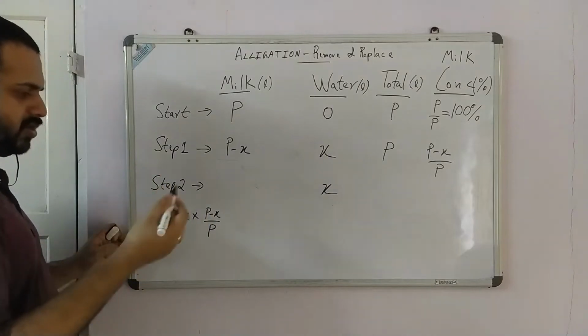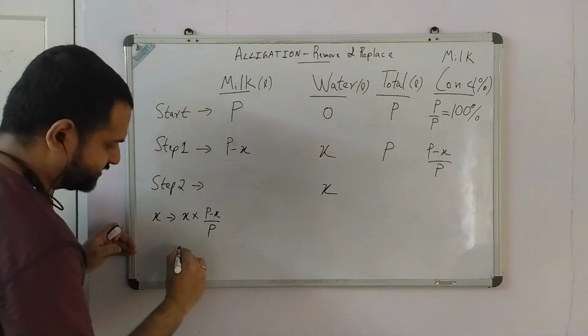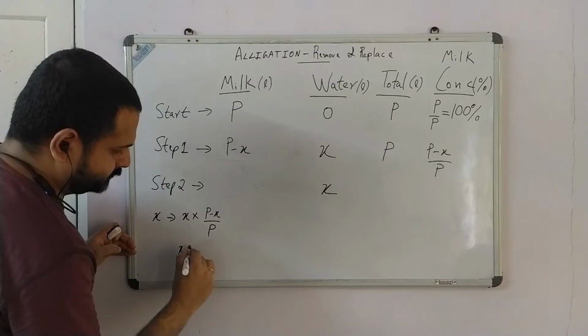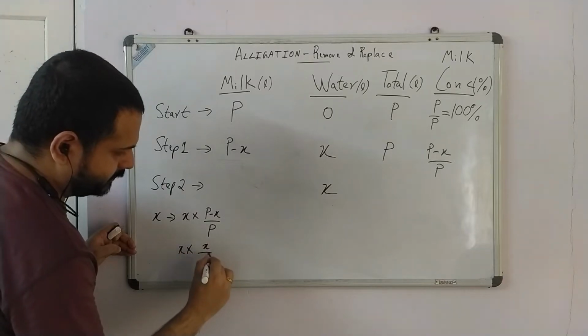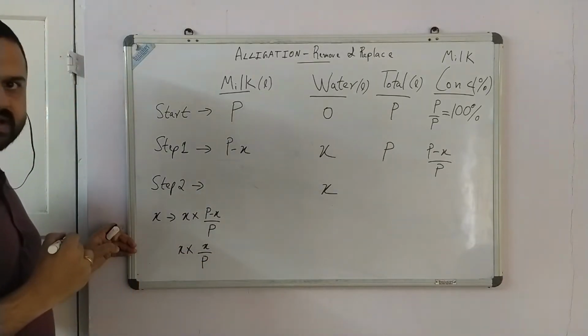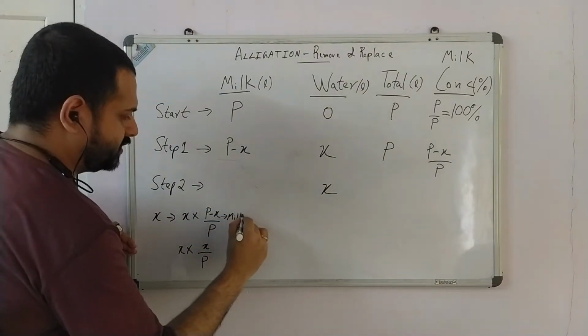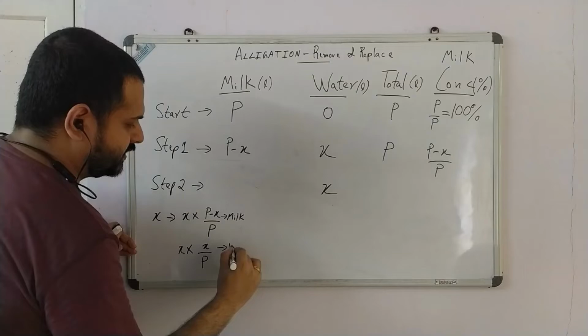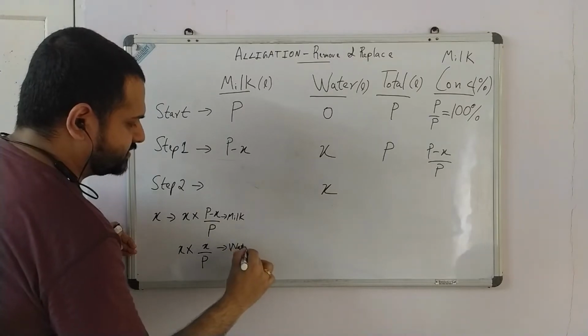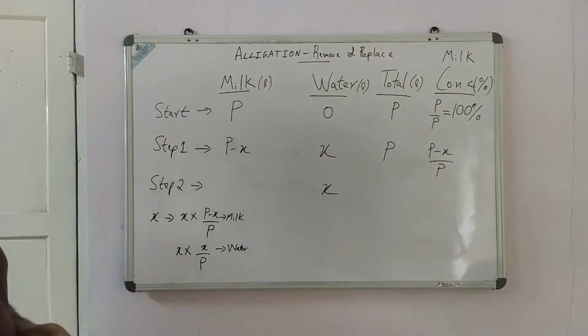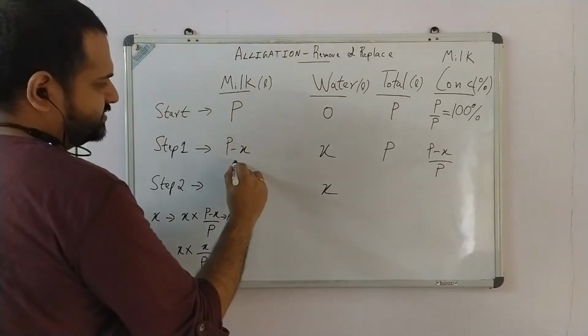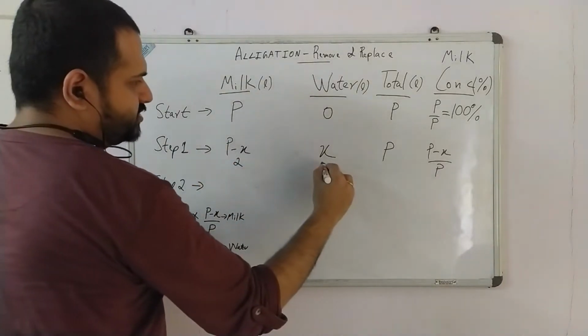Now, if I want to know how much water is there in X, correct? This is milk and this is water. So how do I understand this? Let's assume this ratio is 2:3, right?